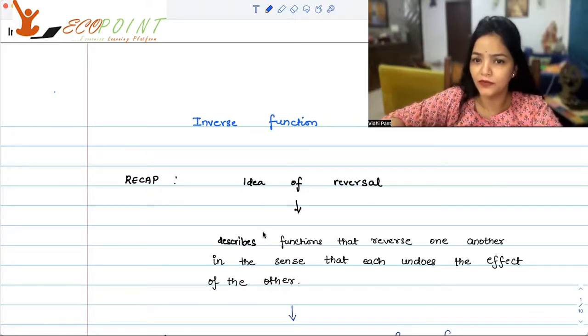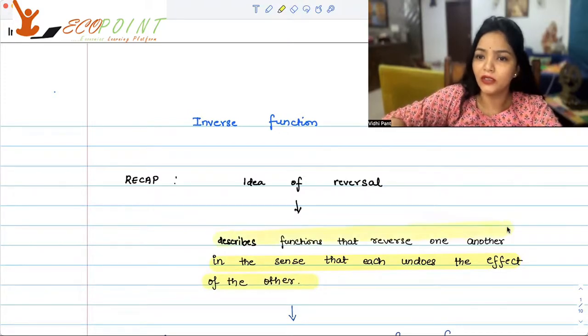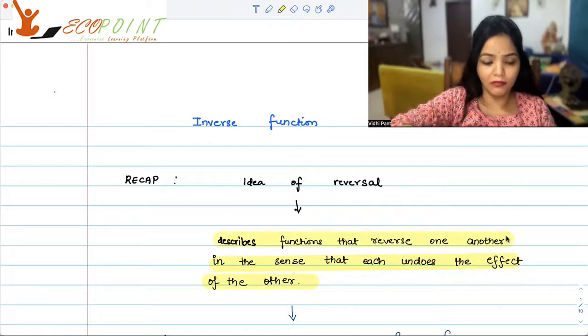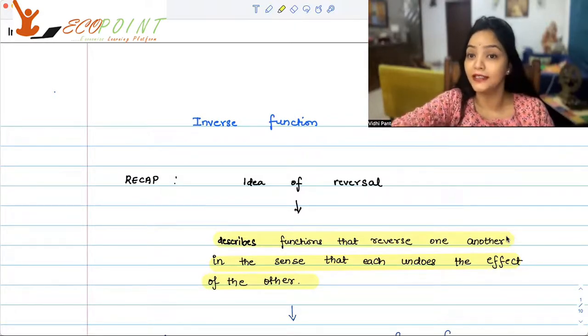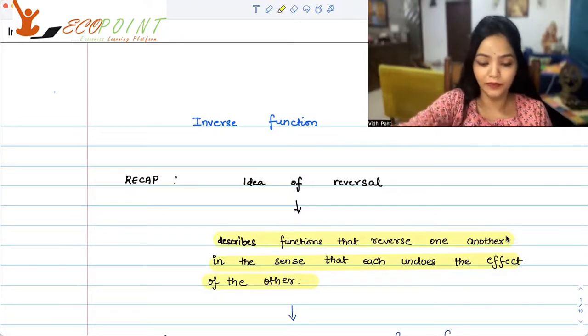It describes functions that reverse one another, in the sense that each undoes the effects of the other, which basically means it's a kind of relation that you can traverse from left to right or right to left.